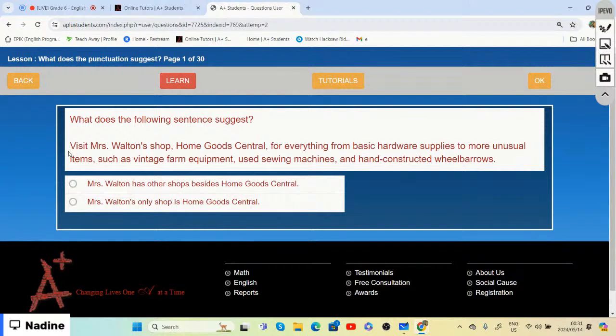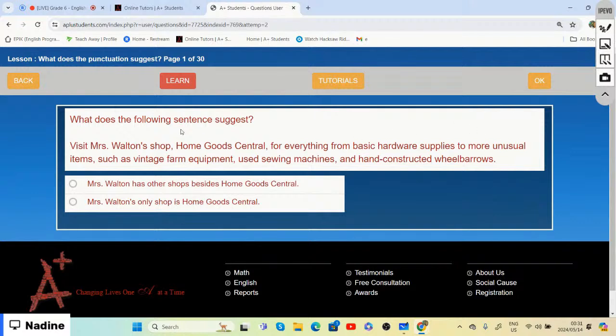It says, visit Mrs. Walton's shop, Home Goods Central, for everything from basic hardware supplies to more unusual items such as vintage farm equipment, used sewing machines, and hand-constructed wheelbarrows.